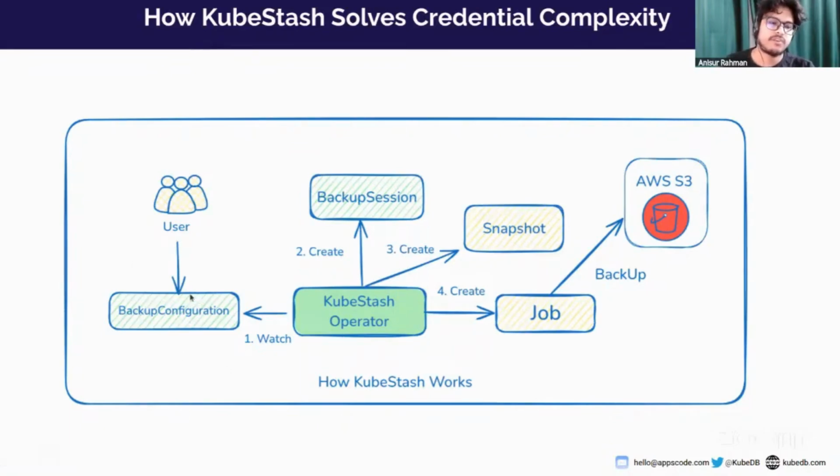This backup configuration will contain the target application which you want to back up, and also the backend information, for example AWS S3, GCS, Azure, where you want to store your backup data, and also other information like schedule, for example hourly, weekly, monthly, or yearly. It's up to the user.